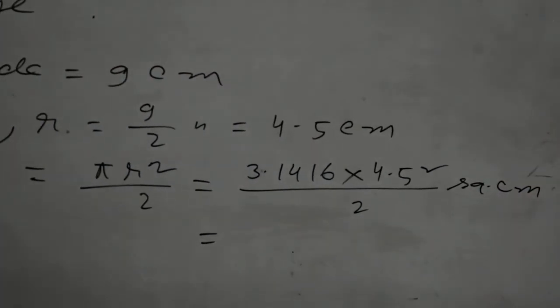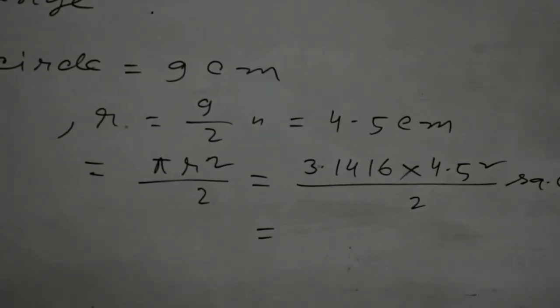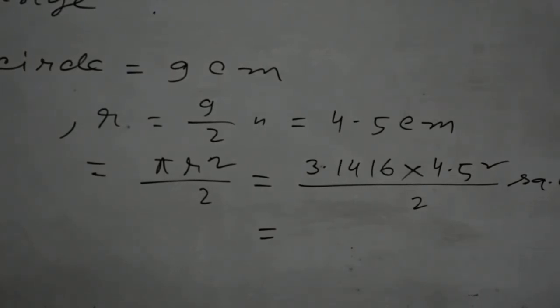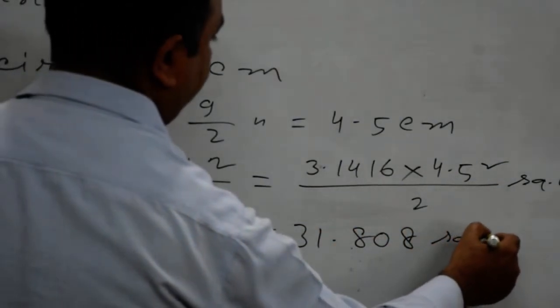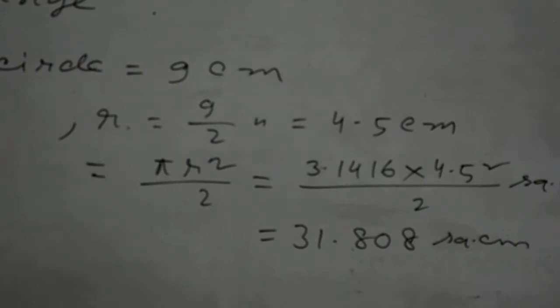And you can write the result for this. The result will be area of the semicircle, I think 31.808 square centimeter.